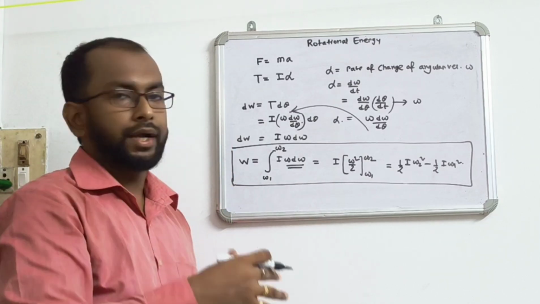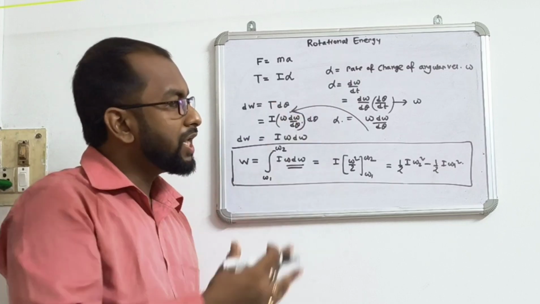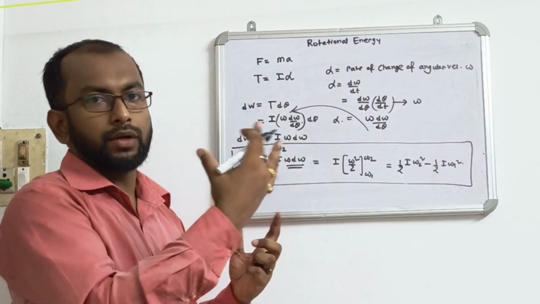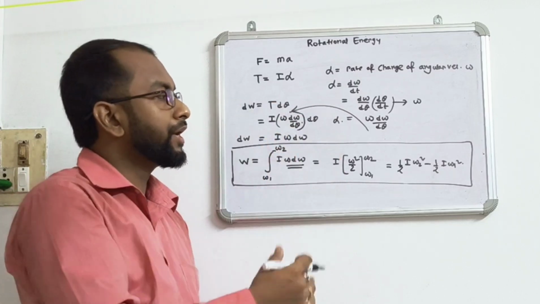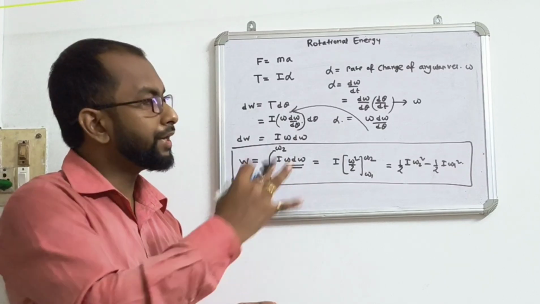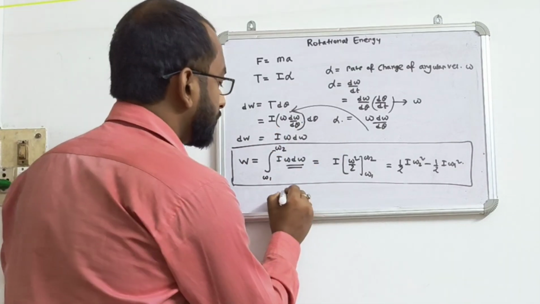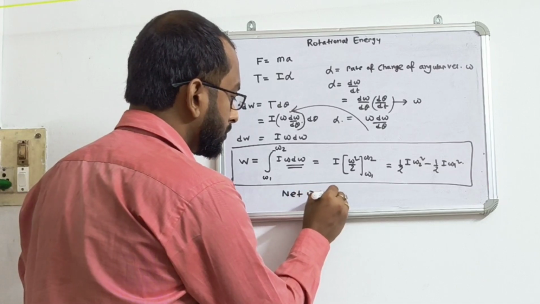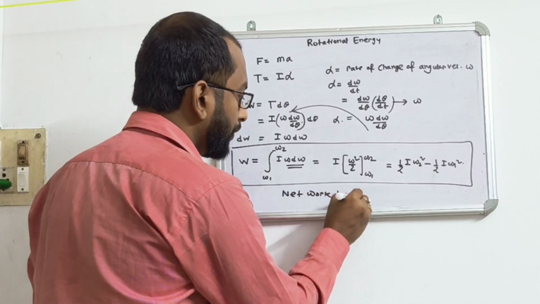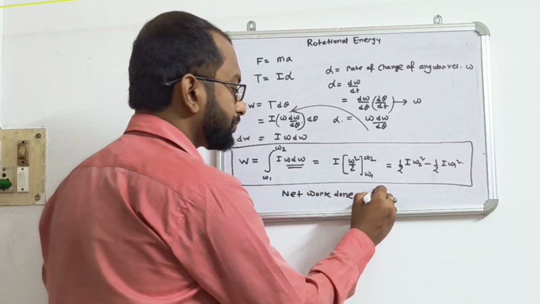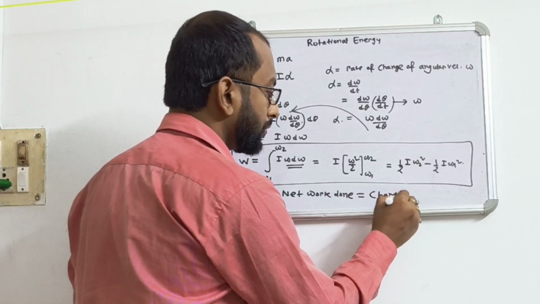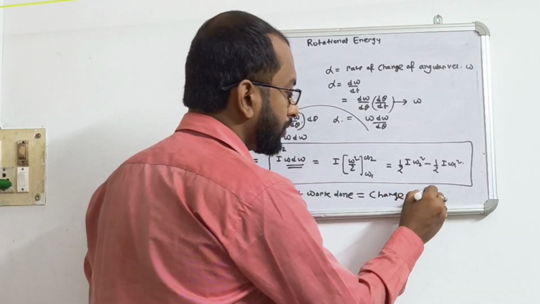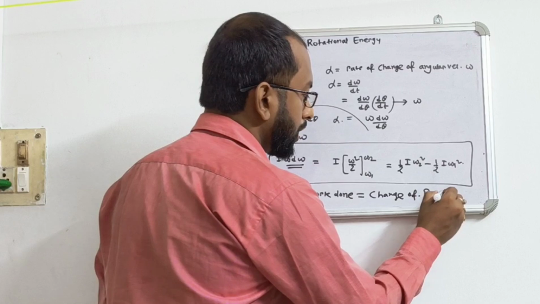Here we can tell that net work done will change the rotational energy for a particular body, or rotational kinetic energy for a particular body. That is the work energy theorem. So net work done will eventually change the rotational energy.